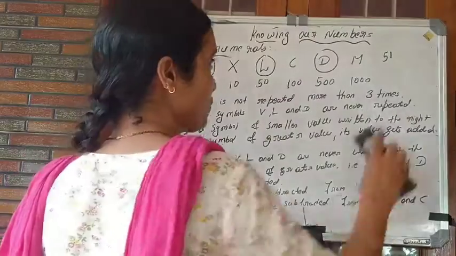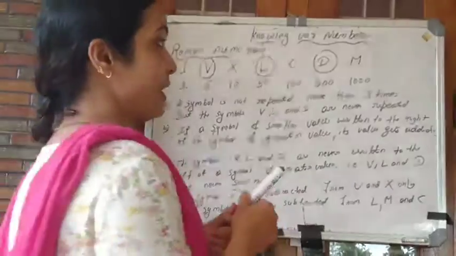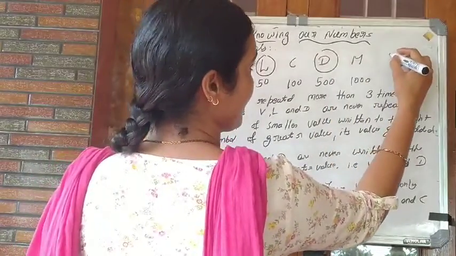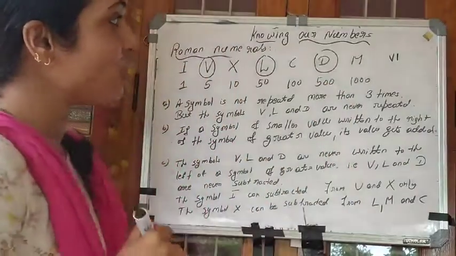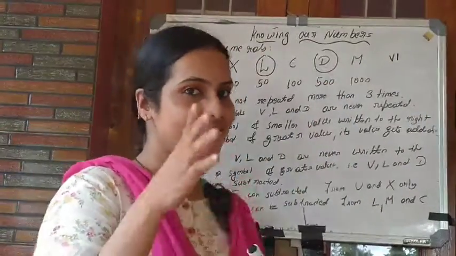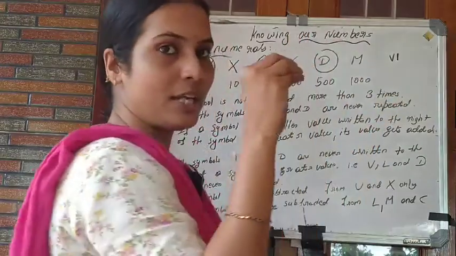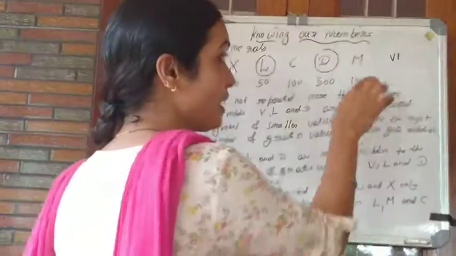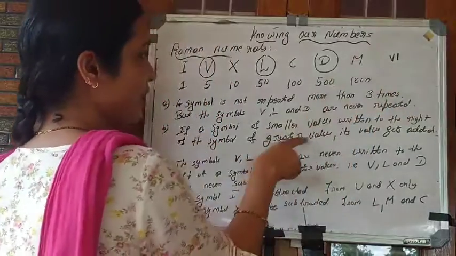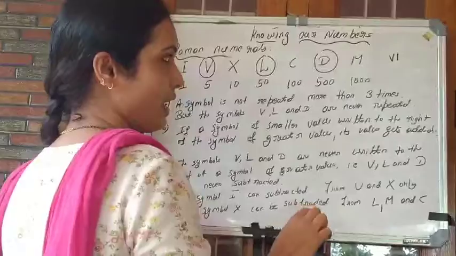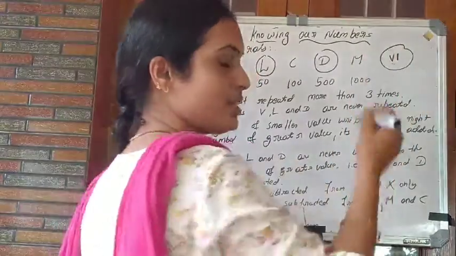For example, VI. Actually the meaning of VI is 6th standard, your class, isn't it? V indicates 5, I indicates 1. V is the greater value symbol and I is the smaller value, and the smaller value is written on the right side of the greater value.